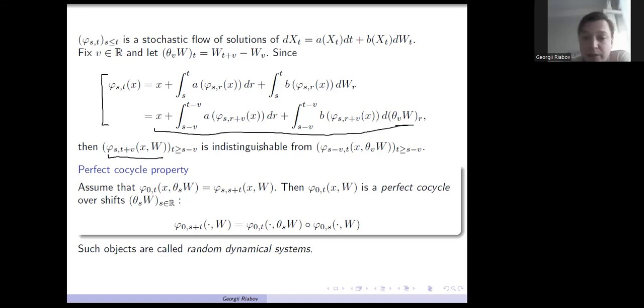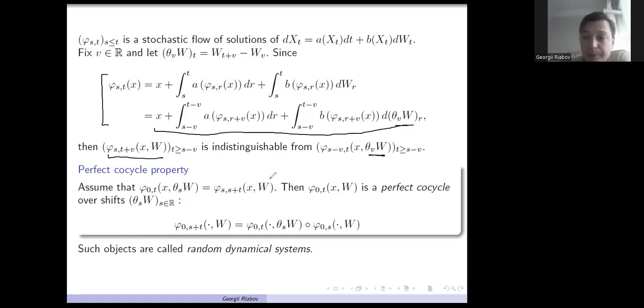Hence, it must be indistinguishable from the unique solution to this equation, which we denote by phi. Now it will be s minus v, t, but this flow phi will be constructed by the shifted Brownian motion.